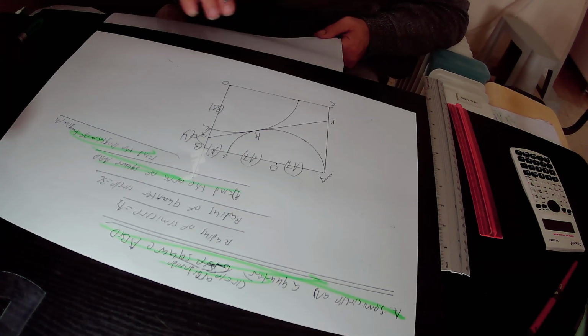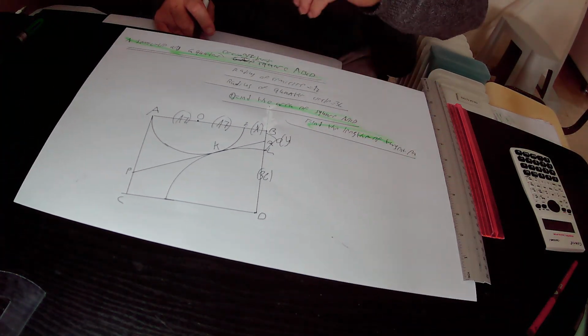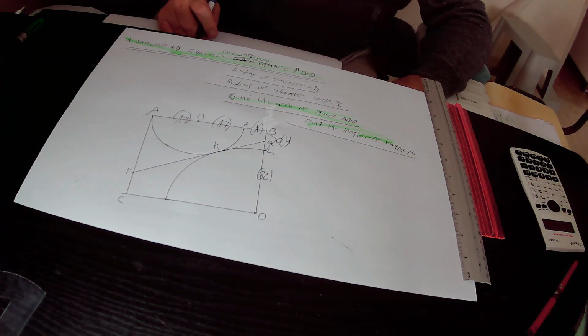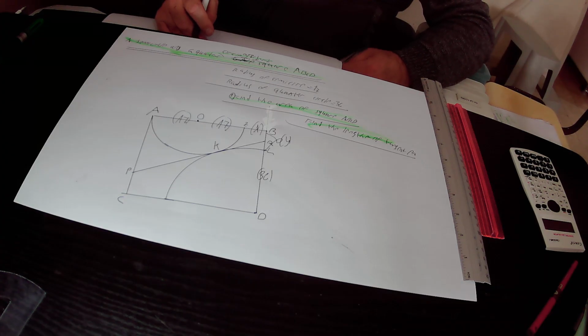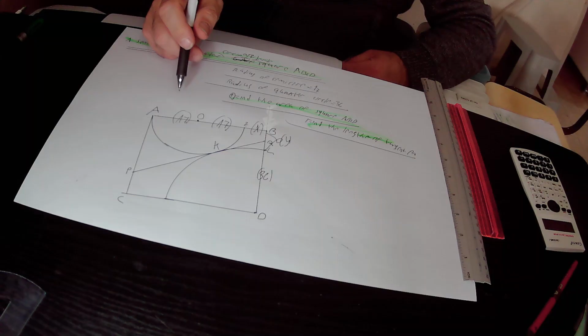We know that the area of any square equals the length of one side squared. So we choose AB as one side of this square ABCD.